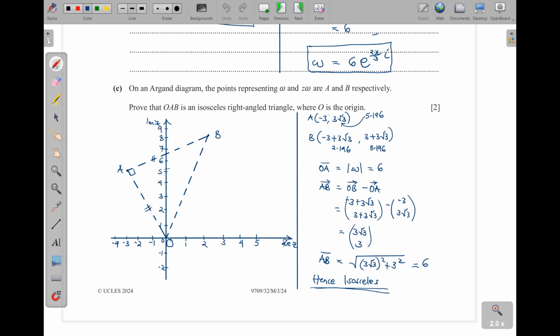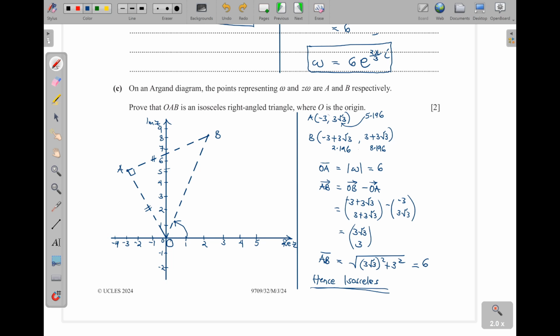Actually, they told us to prove that it is an isosceles right angled triangle. See that? Right angled triangle. So what we have done before here is even in play. I can actually also prove using the angles. The angle here is going to be for Z omega, the argument for Z omega, because remember B represents Z omega.